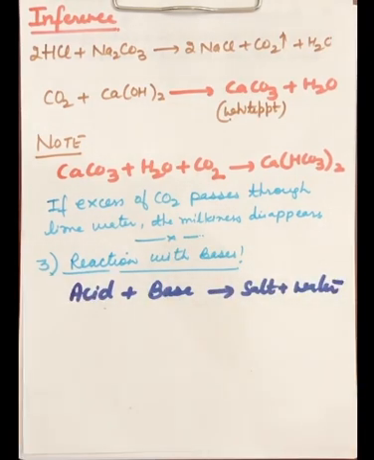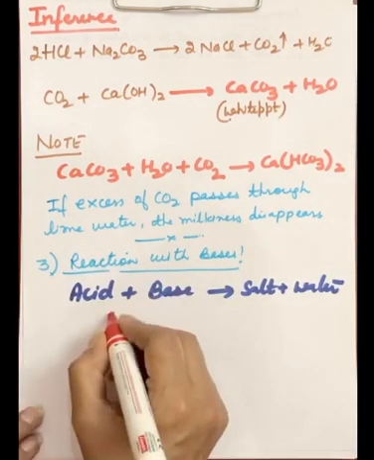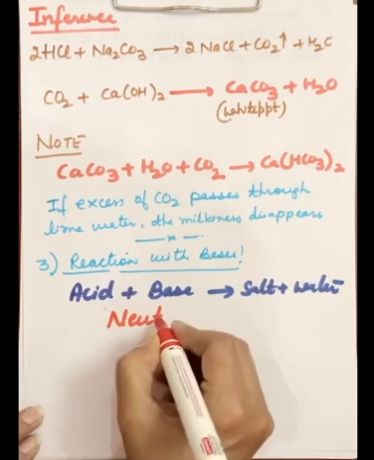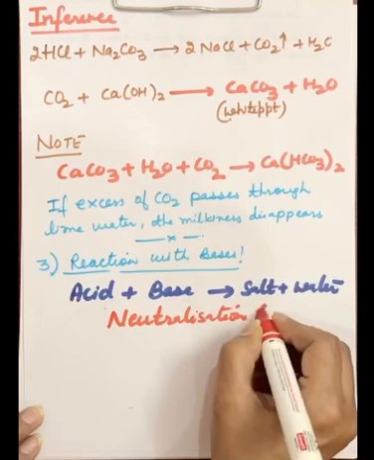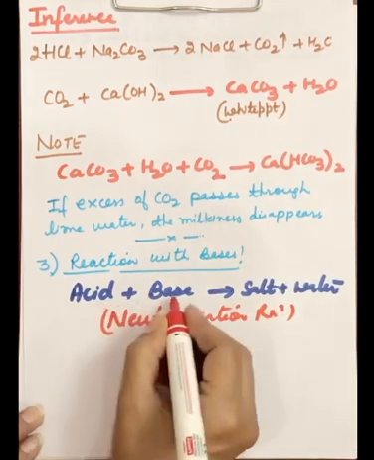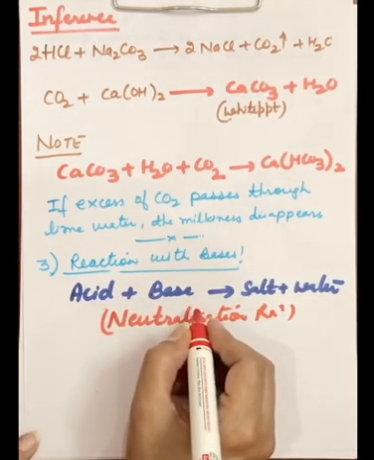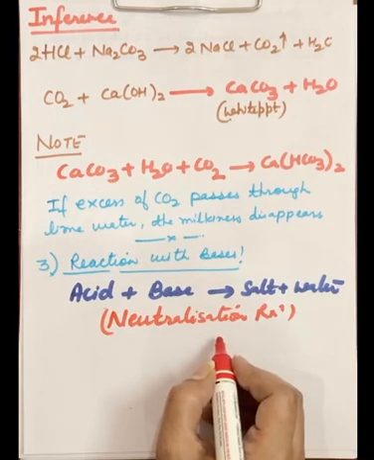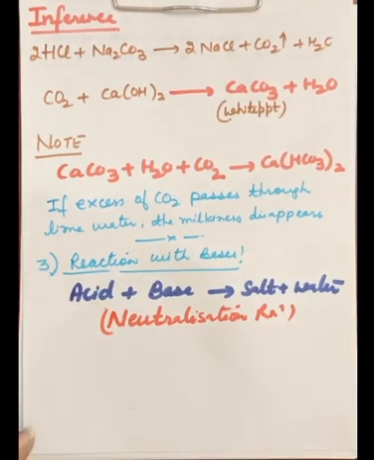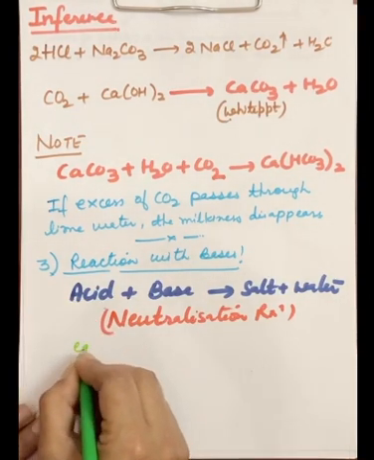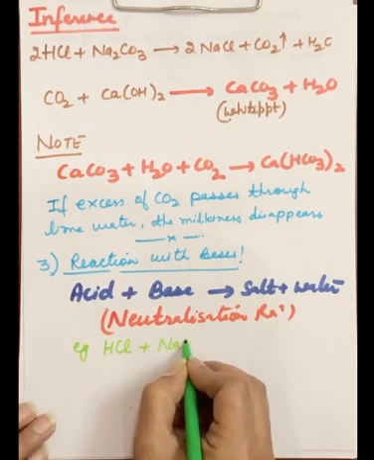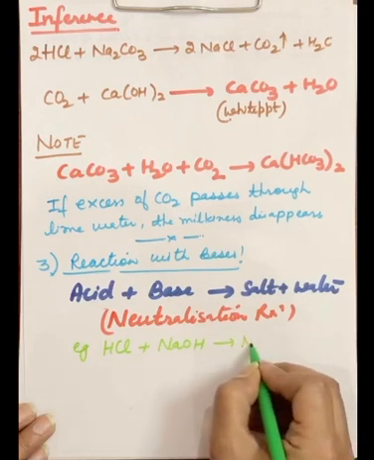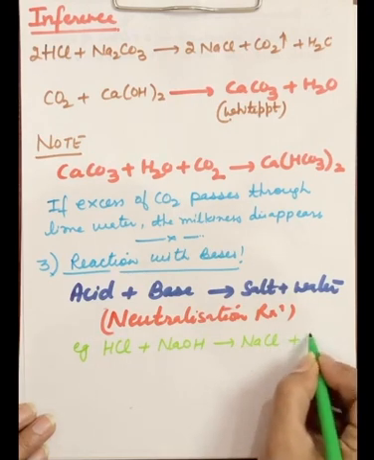And these reactions are called neutralization reactions. Neutralization means the acid and base are neutralizing each other, and hence these reactions are called neutralization reactions. An example of this reaction is an acid like HCl and the base NaOH. When they react, the salt formed is NaCl and water.